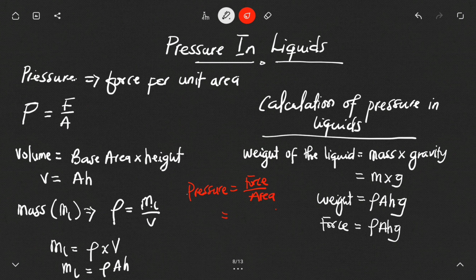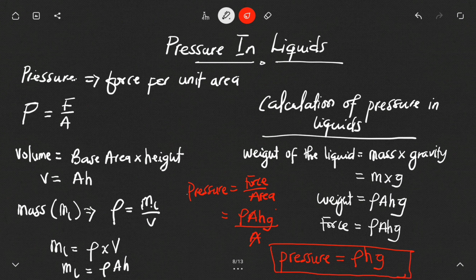Now we agreed that the force of the liquid is equal to the density rho multiplied by the cross-sectional area A multiplied by height and multiplied by gravity, all divided by area, which is A. So the area will cancel the area over here, and therefore our pressure will be equal to the density multiplied by height multiplied by gravity. So this is the expression that we are looking for, or we'll be using in our calculation.